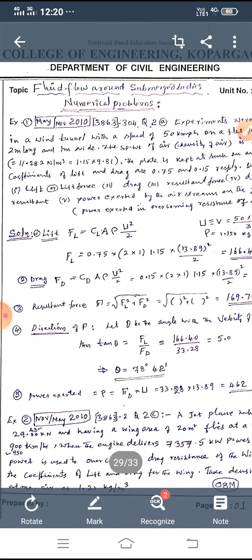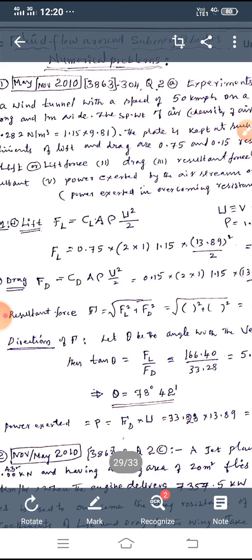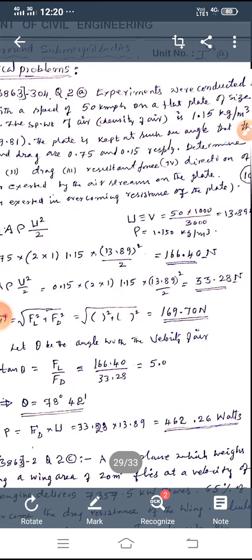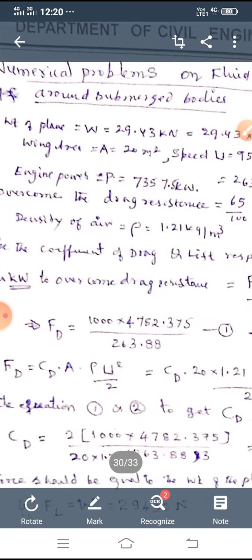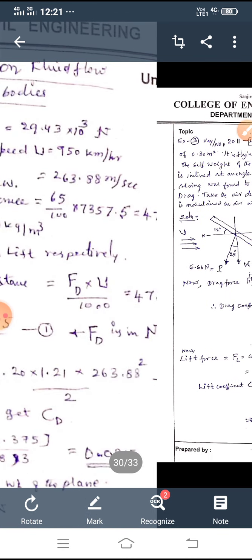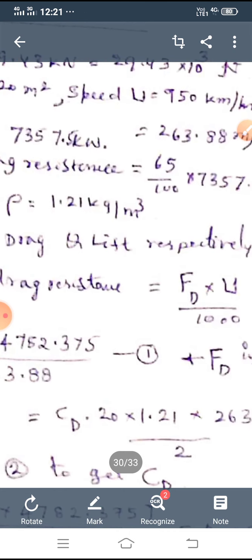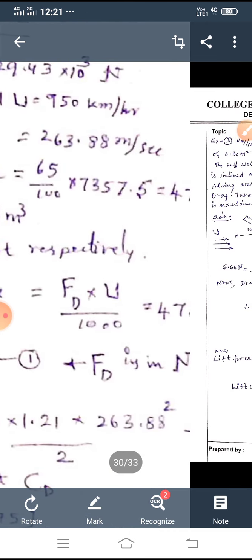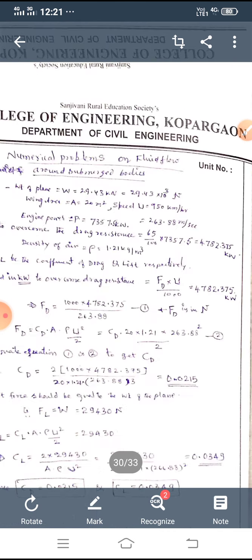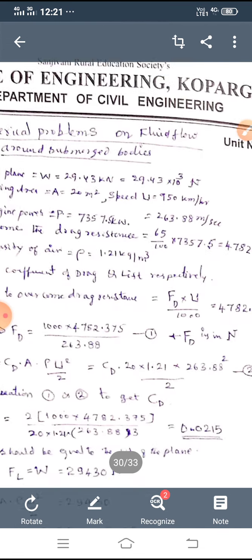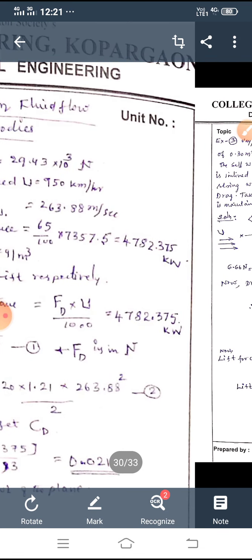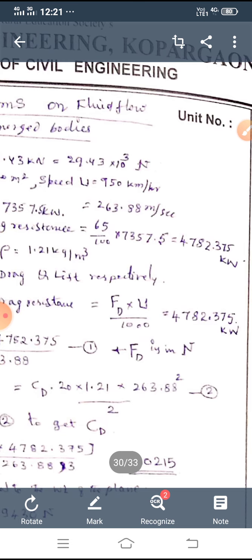Now, power used to overcome the drag resistance is equal to 65 by 100 multiplied by 7357.5, that is equal to 4782.375 kilowatt.